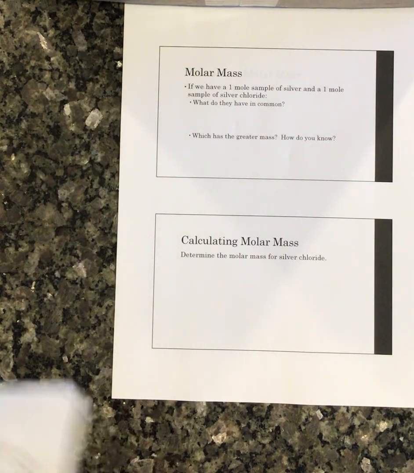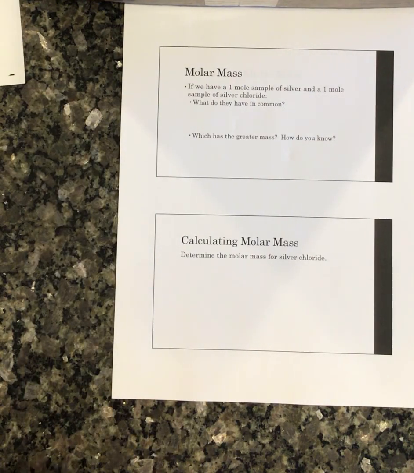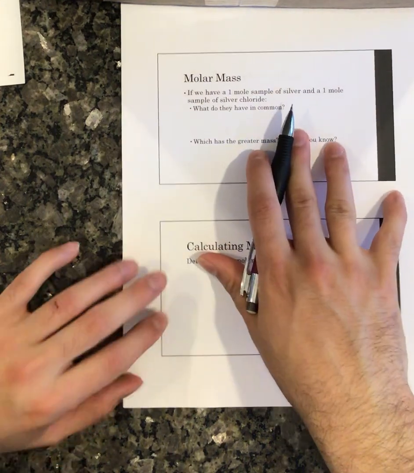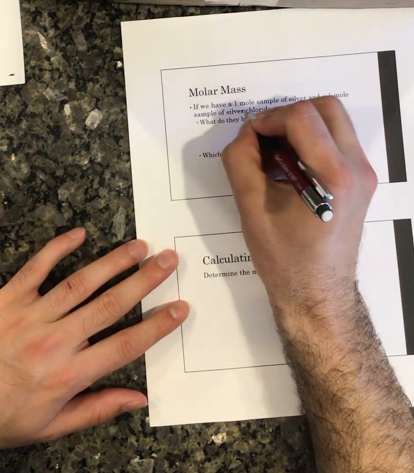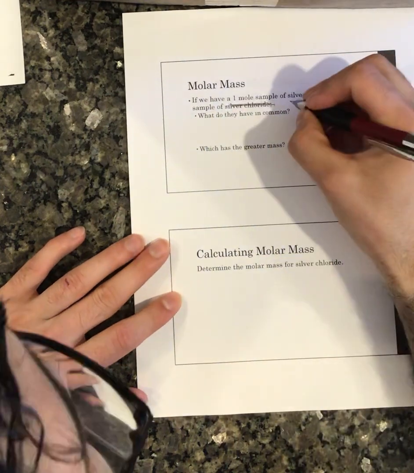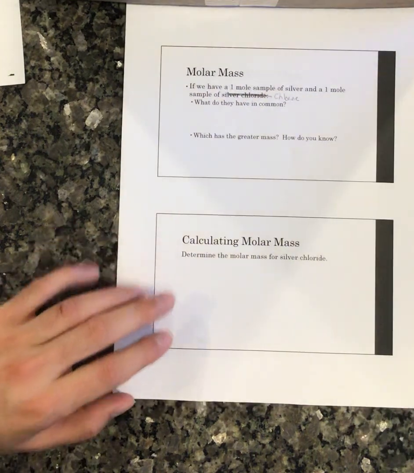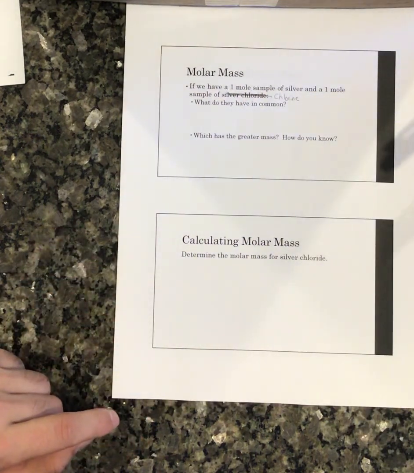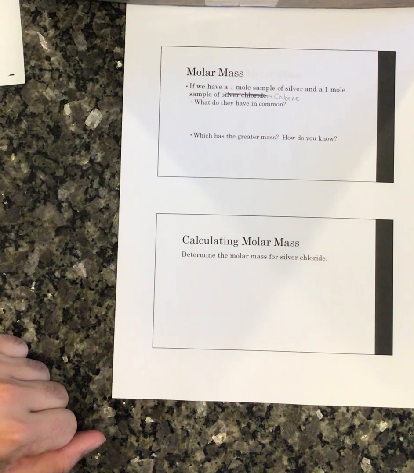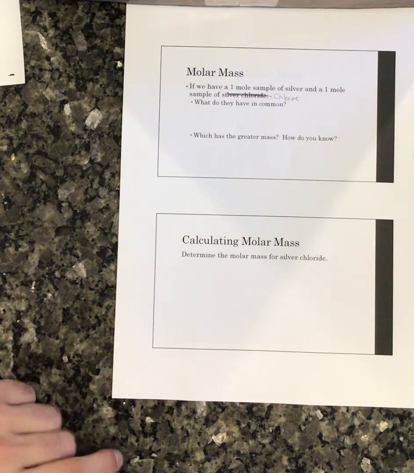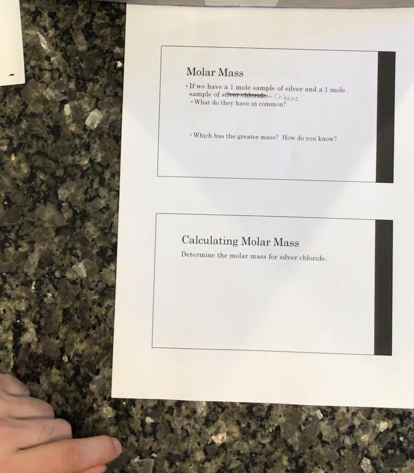Okay, so let's actually get some questions going here, and let's see if we can figure it out. Okay, so for the first one, the first thing I'm going to do is we're going to cross out silver chloride, and I want you to just put chlorine. Okay, so if we have 1 mole of silver and we have 1 mole of chlorine, what do they have in common?